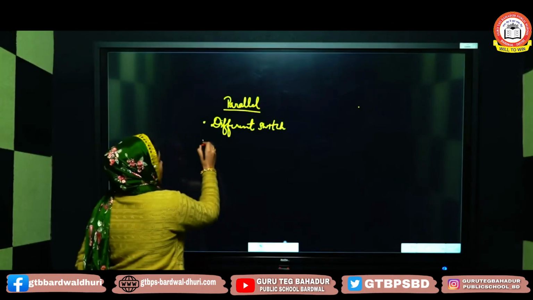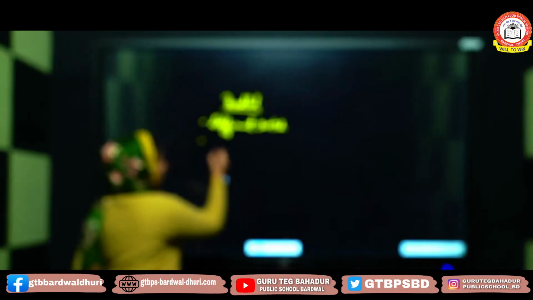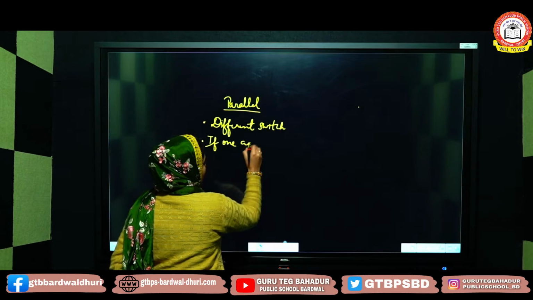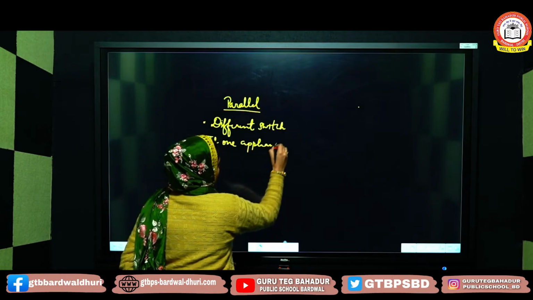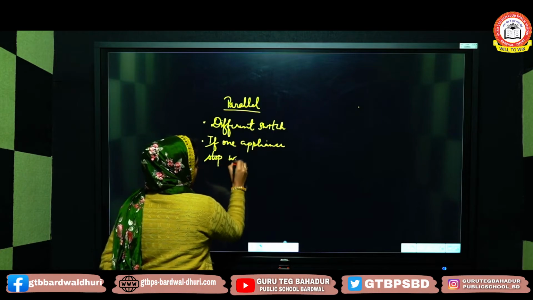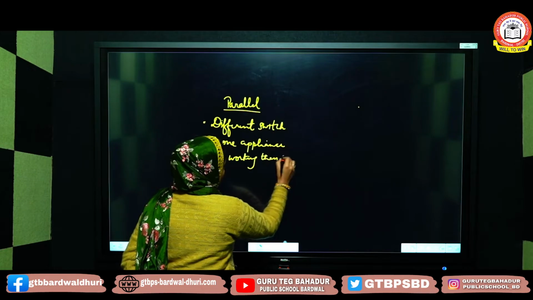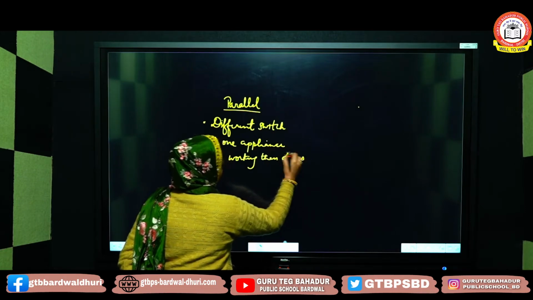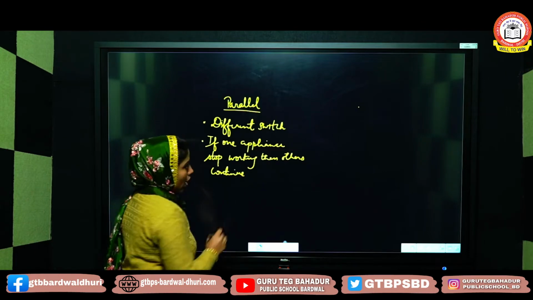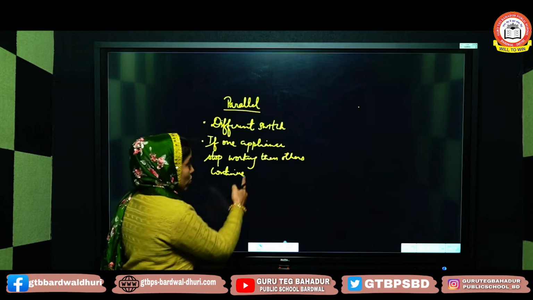So second characteristic of parallel combination is that if one appliance stops working, then others continue to work. We know this thing, that at our houses if one appliance stops working, other continues to work, and this is also one of the important feature of parallel combination.